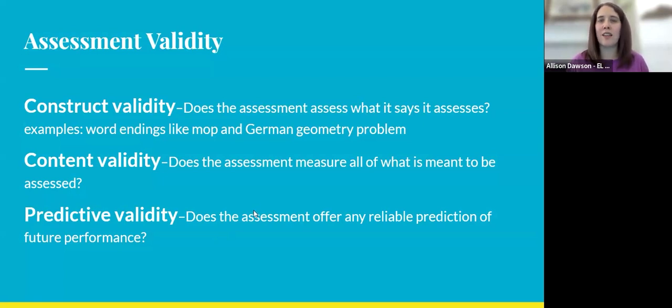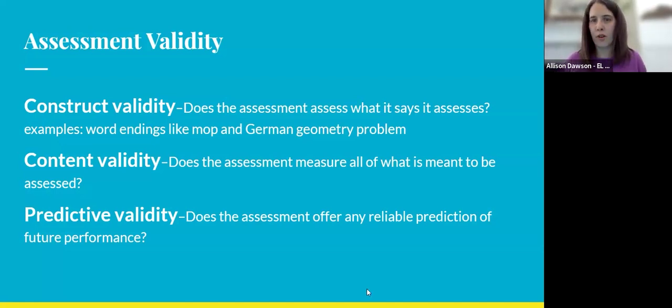Content validity: does the assessment measure all of what it is meant to assess? And then predictive validity: does the assessment offer any reliable prediction of what the students might do in the future on a different performance task? So again, that was on page 239, if you are following along and marking that up.